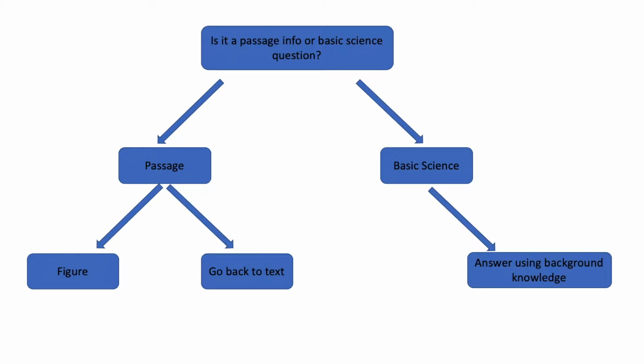Now remember, based on the way that we've broken down this passage, you should be able to immediately recognize which paragraph the answer should be found in. Even if you don't remember the detail exactly, that's okay, but you know where to go find it. Now, if you recognize that the answer is not in the passage, this is likely a basic science question, and you're going to have to answer this using your own background knowledge.